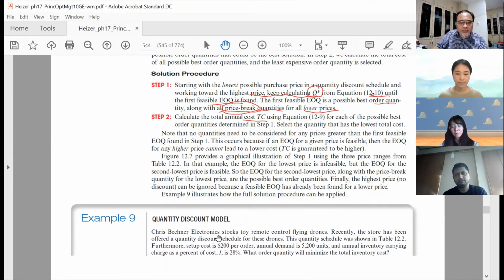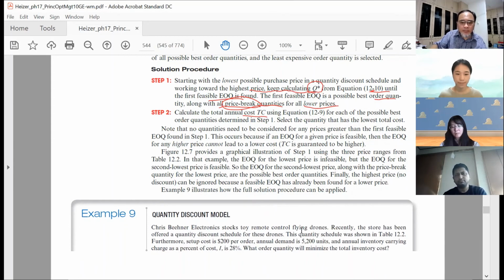So let's read this so that you have context. The store stocks toy remote control drones. The store recently offered a quantity discount schedule for these drones, shown in table 12.2.